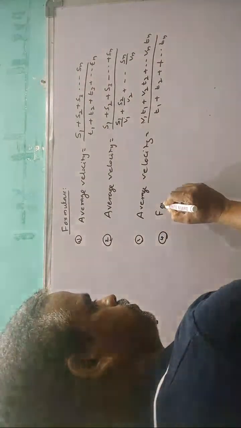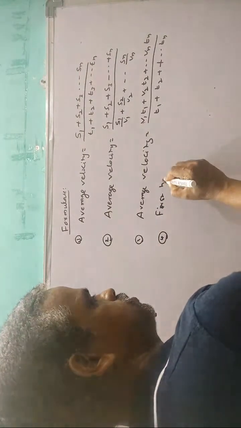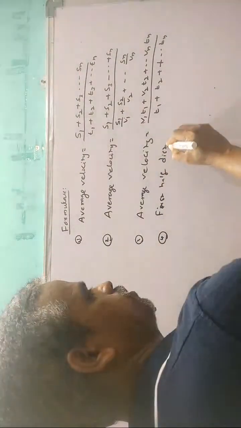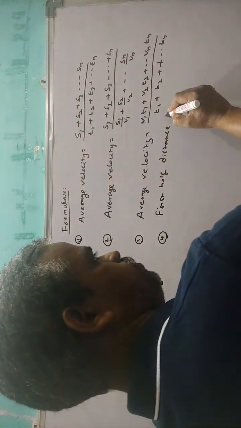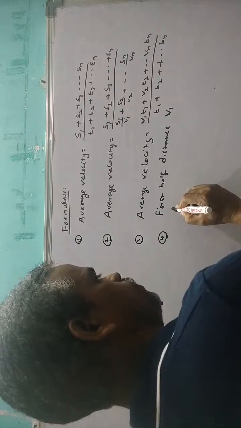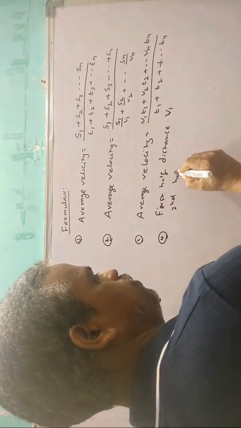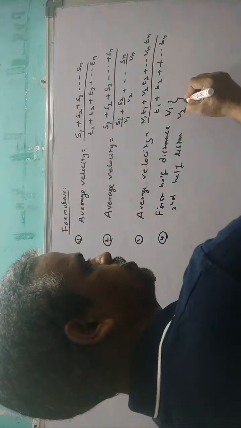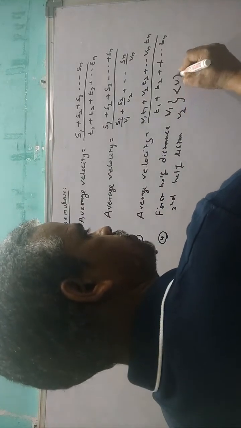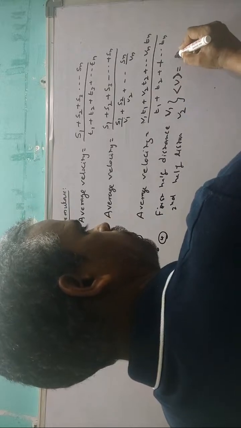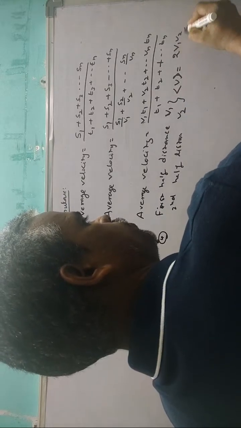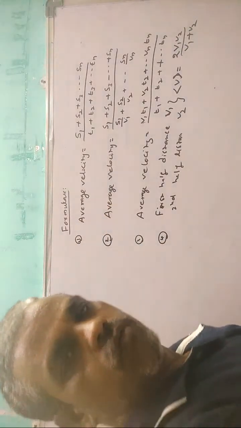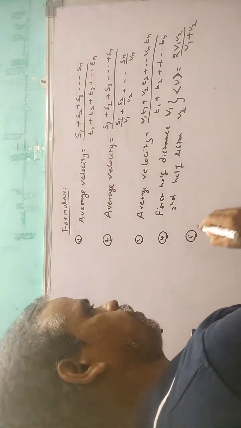Fourth, first half distance with V1, second half distance with V2. For this one, average velocity equals 2V1 V2 by V1 plus V2. One more formula, last formula.